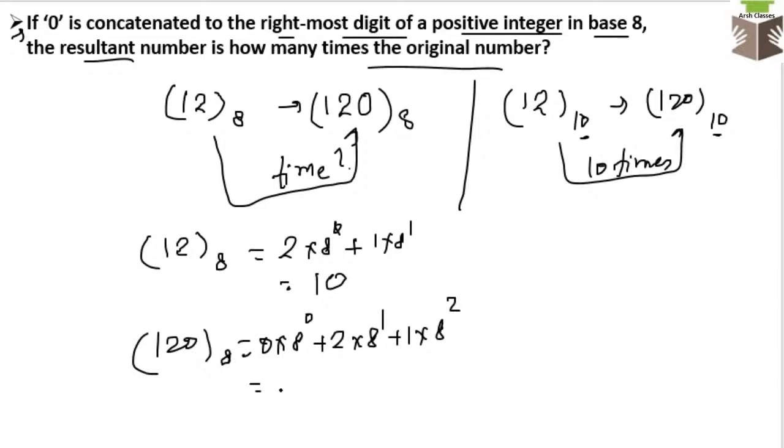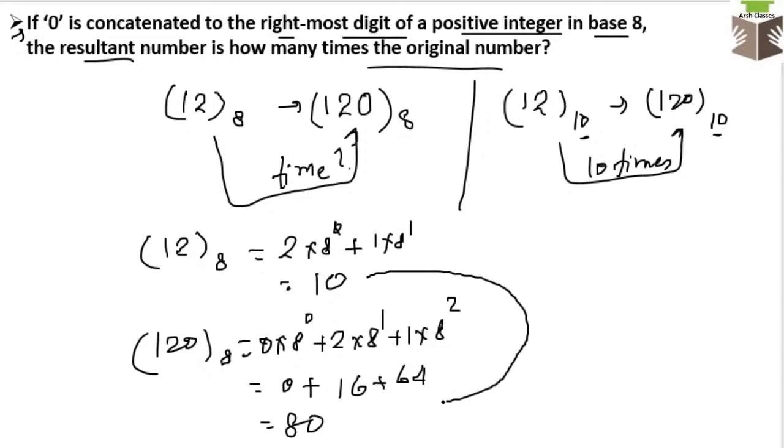So this is nothing but 0, and this is 8 times 2 is 16 plus 8 times 8 is 64. So what we can say, this is 64 plus 16 is nothing but 80. So you can see, guys, that 10 into 8, or you can say 8 times, is 80. So here the base was 8, so that's why this is 8 times.